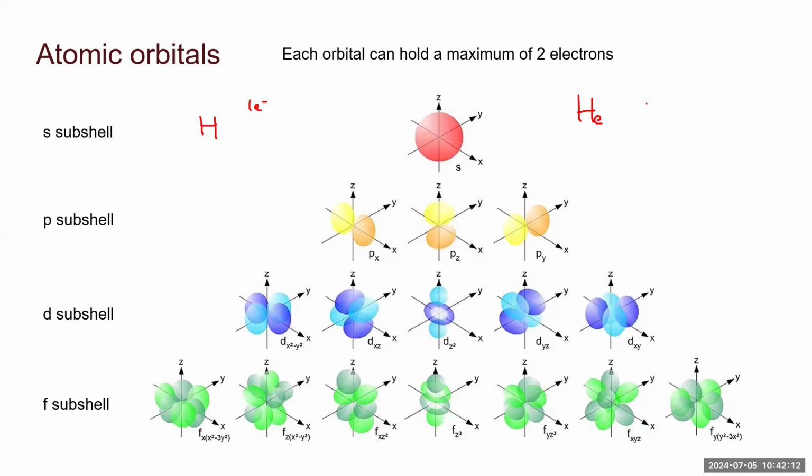Helium has two protons. Those two protons are at the exact center of an atom in that nucleus. Now, helium, with an atomic number of two, is also going to have two electrons.